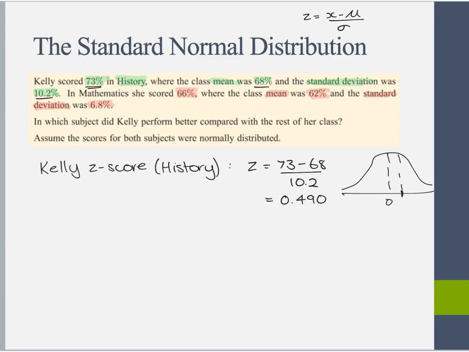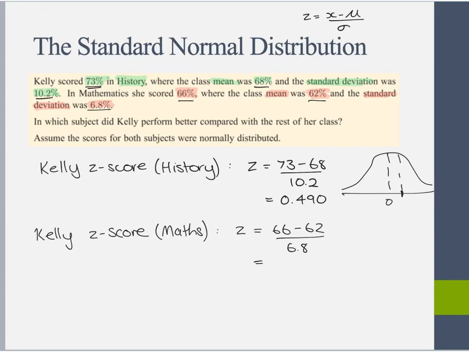Now, if we look at Kelly's z-score for maths, we follow the same path. So z is equal to 66 minus 62 over 6.8. If we find that, we actually get 0.588.